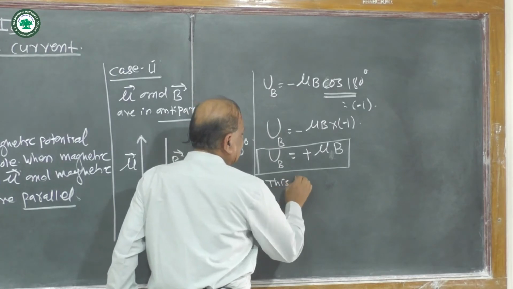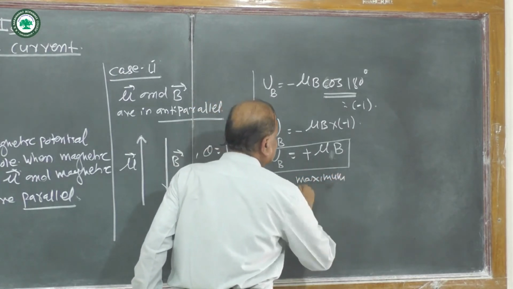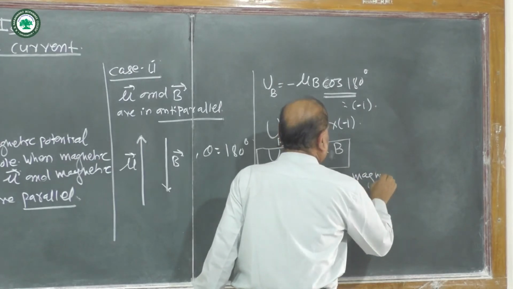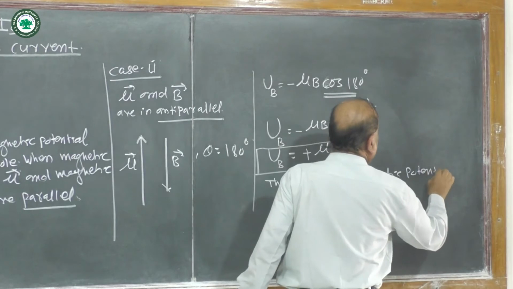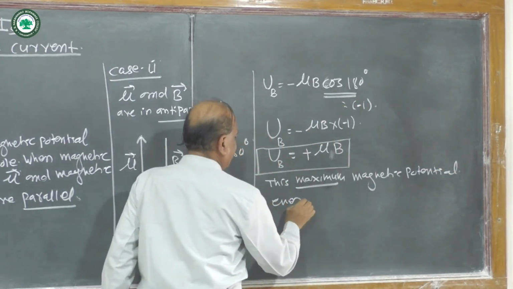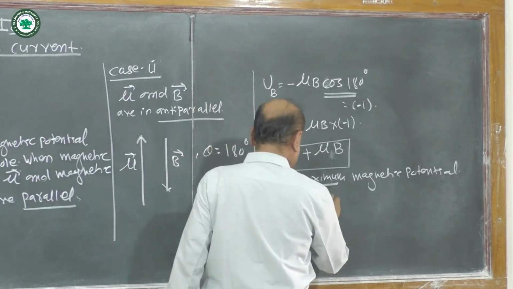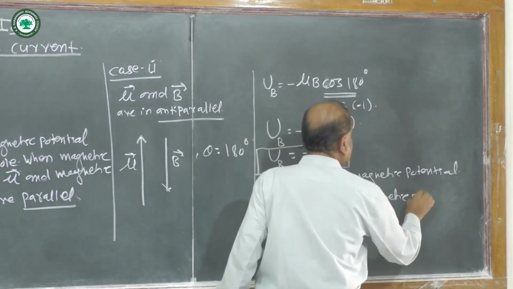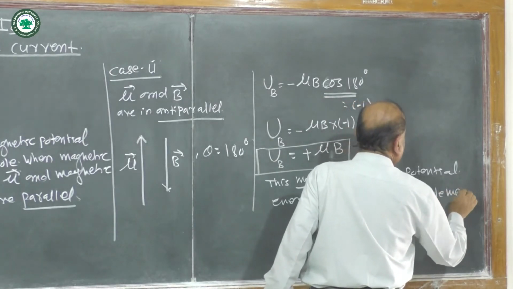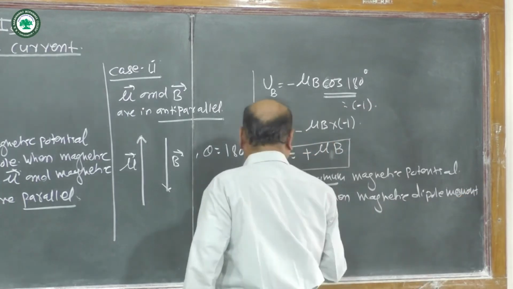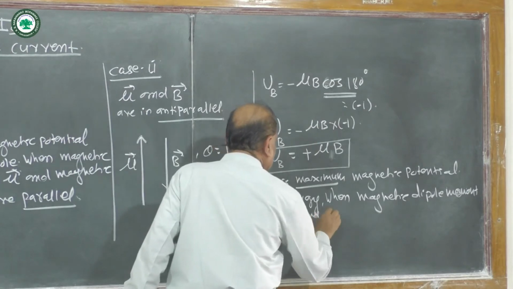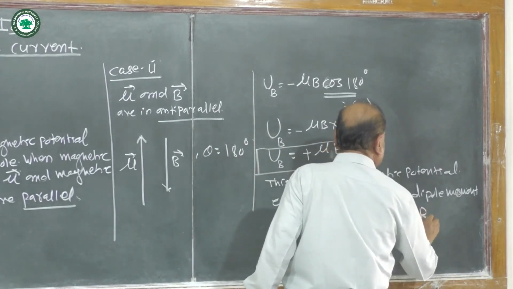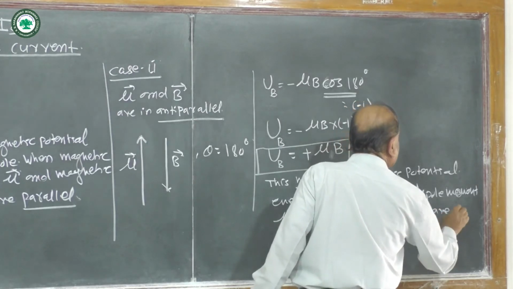Now this is the maximum magnetic potential energy when the magnetic dipole moment mu bar and magnetic field B bar are anti-parallel.